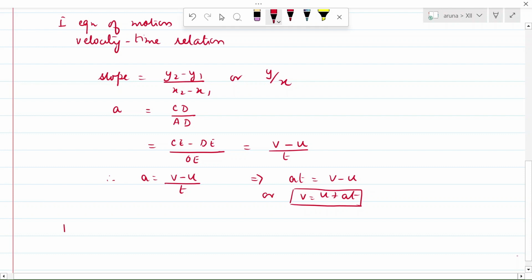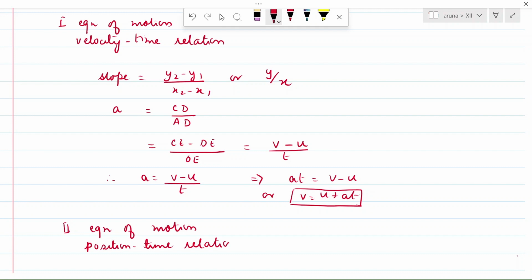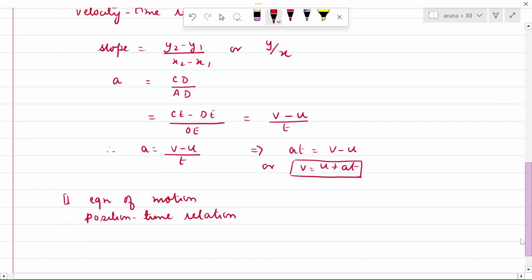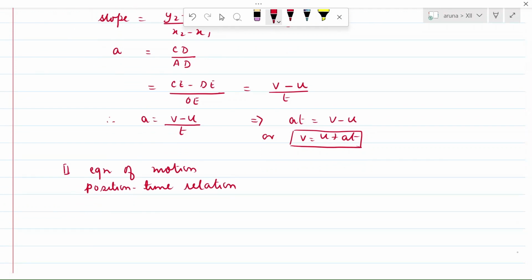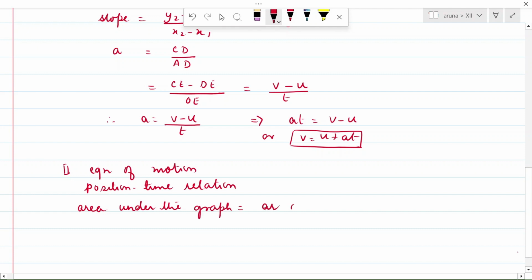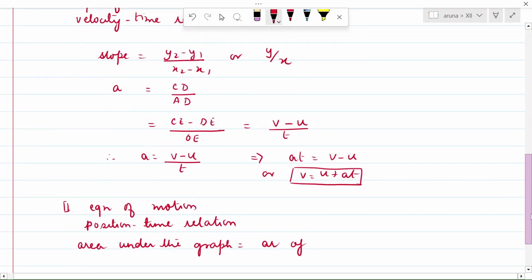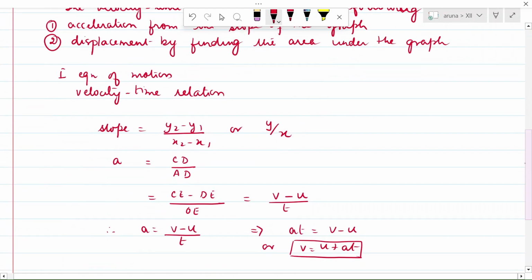In the same way, for the second equation, also known as the position time relation, since it involves position, we need to find the area under the graph now. So area under the graph is equal to area of, now just see what geometrical figure does it represent.